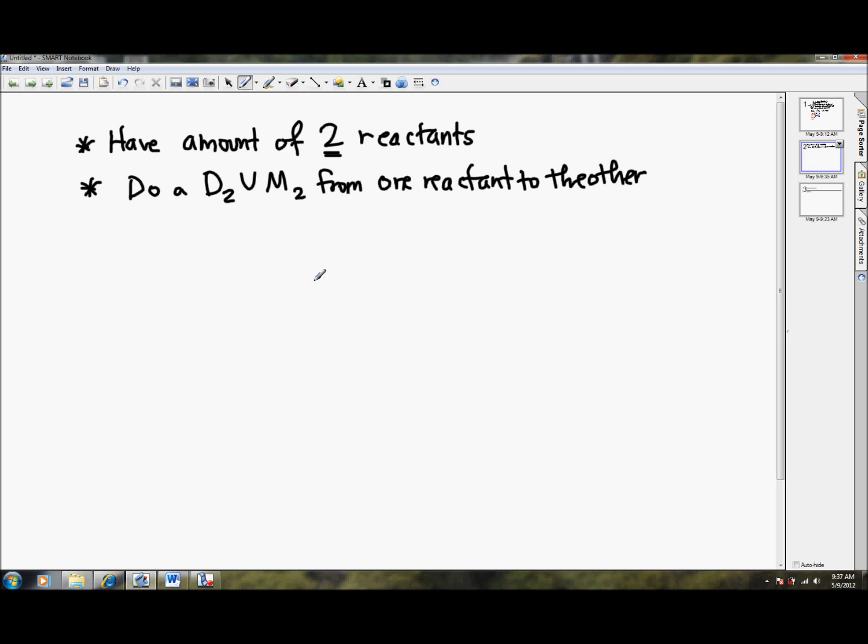So randomly, we're going to just pick one reactant and say, okay, based on this one reactant, how much of the other reactant would I need to use this thing? How much would I need? And then I'm going to compare the answer.